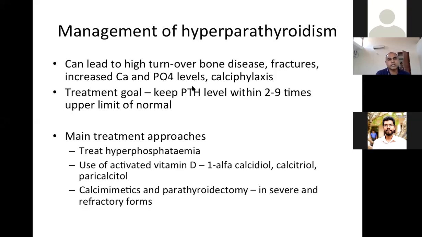So you need higher levels of parathyroid hormone in order to keep the bone health optimal. So that is why in CKD you need a higher level of PTH, and you need to keep it at a higher range. And if you try to suppress this too much, then the bone goes into a condition called adynamic bone disease. Adynamic bone disease is associated with fractures. So that is why you need to make sure that PTH levels are maintained at a certain level.